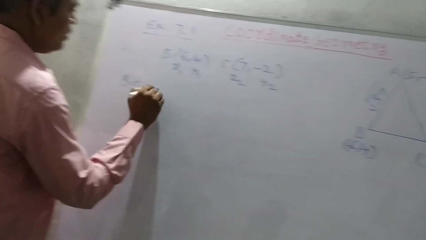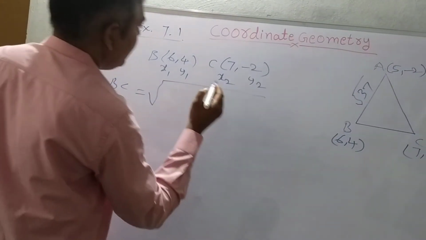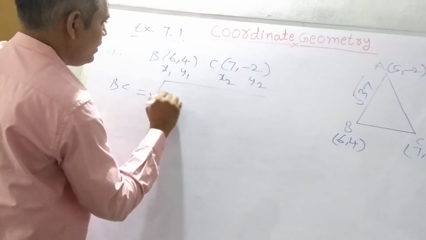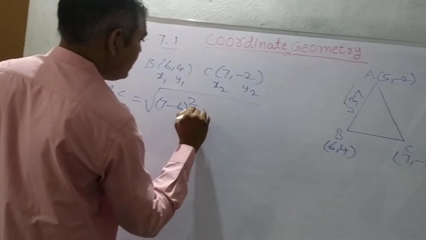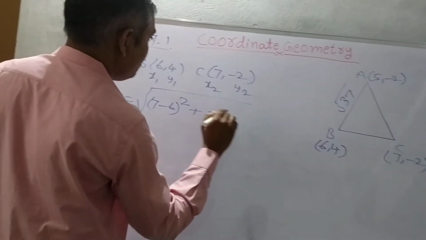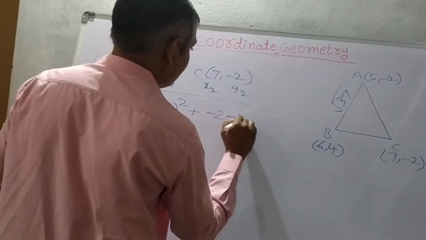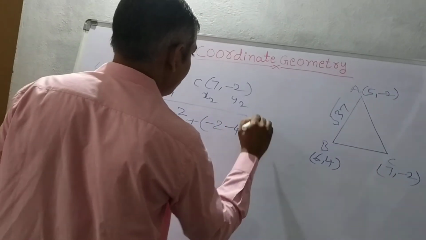BC is equal to the square root of (x2 minus x1) whole square, where x2 is 7 minus x1 is 6, plus (y2 is minus 2 minus y1 is 4) whole square.